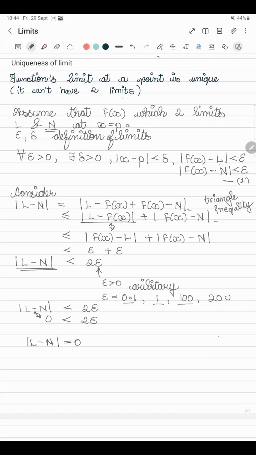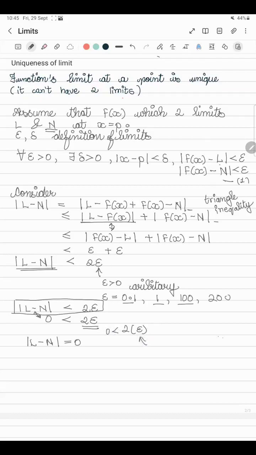Then only for any epsilon this inequality would be satisfied, because we know that 2 times any positive real number would always be a positive real number, greater than 0.